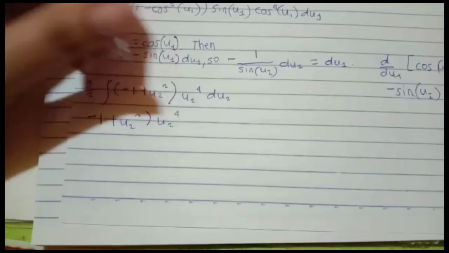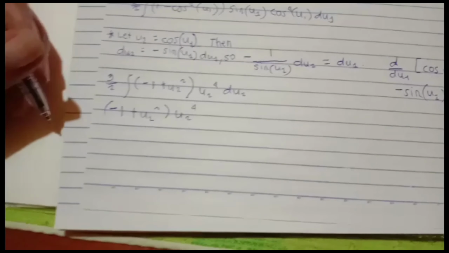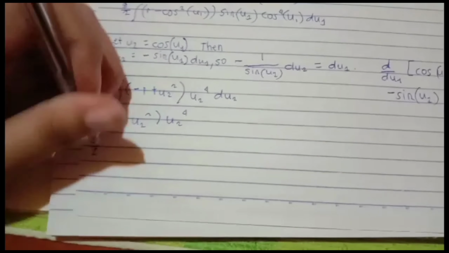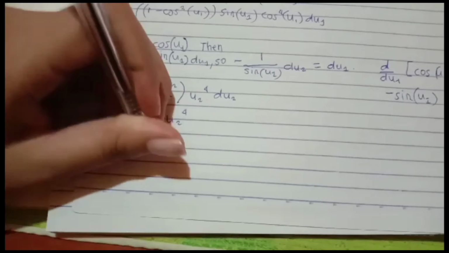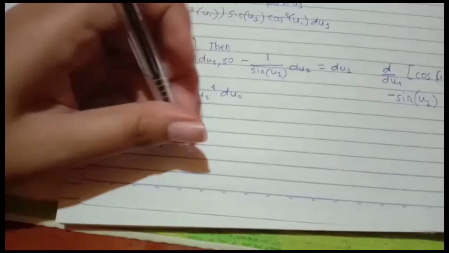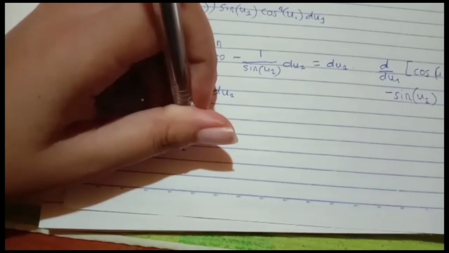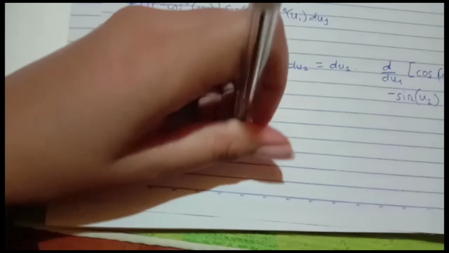Apply the distributive property. So, 3/2 integral of negative 1 times u2 to the 4th power plus u2 squared times u2 to the 4th power du2.